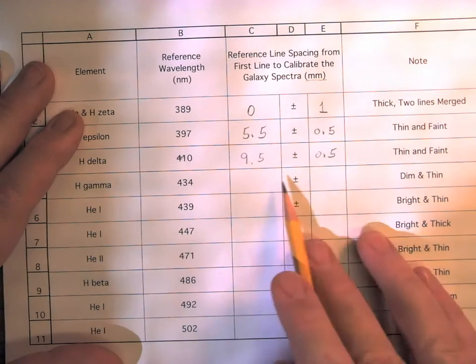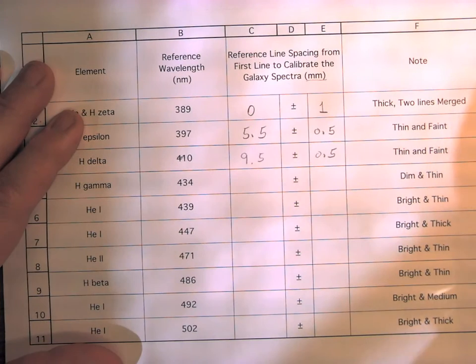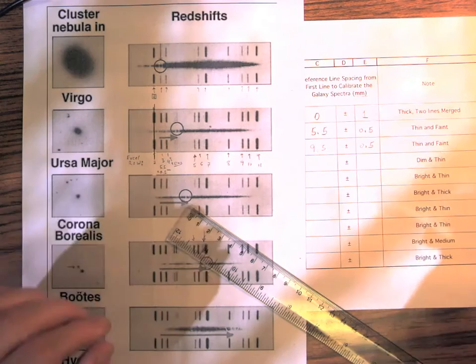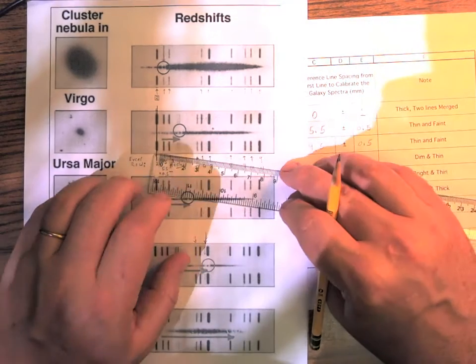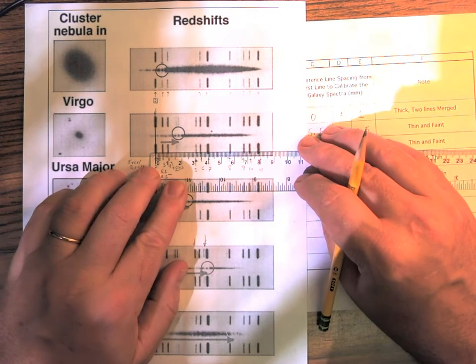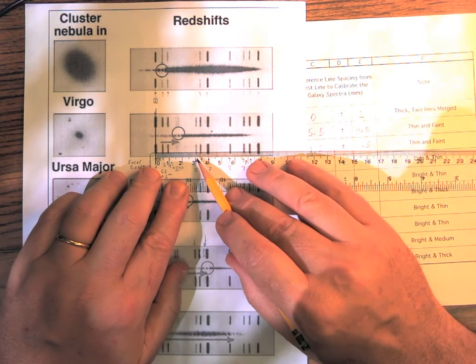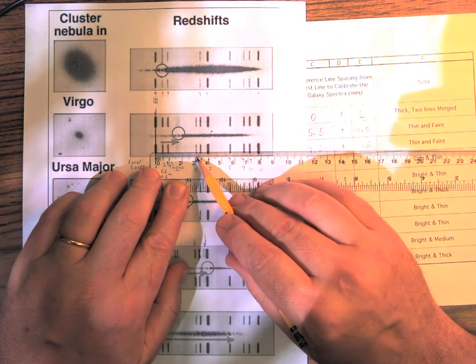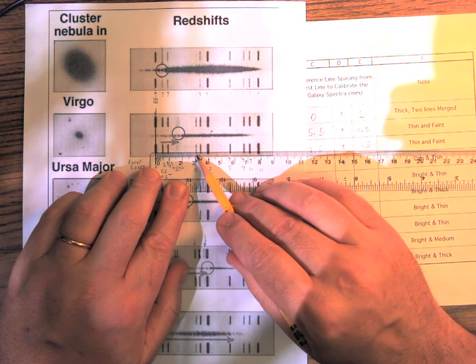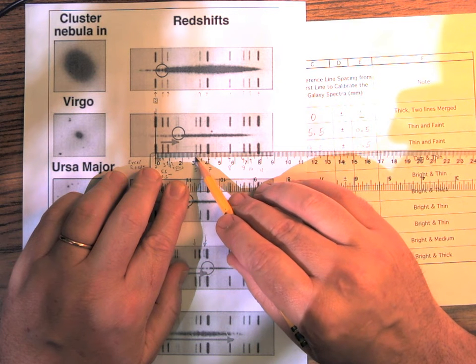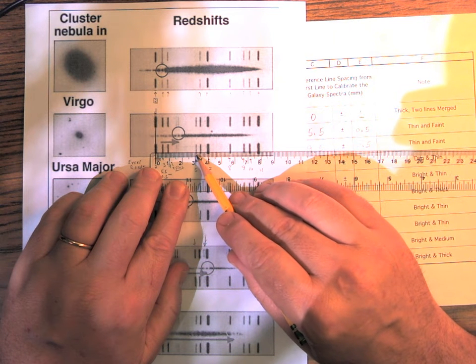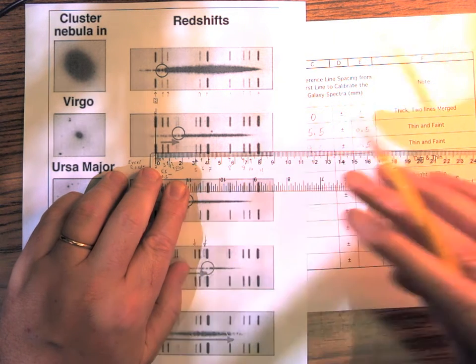Now I'm going to go through and I'm going to measure the others and see how they do. Okay, here I go. I'm going to line this up, and I'm going to see what I get here. Let's see, this is like 30 millimeters, so that's 31, it's like 30.7 plus or minus 0.3.